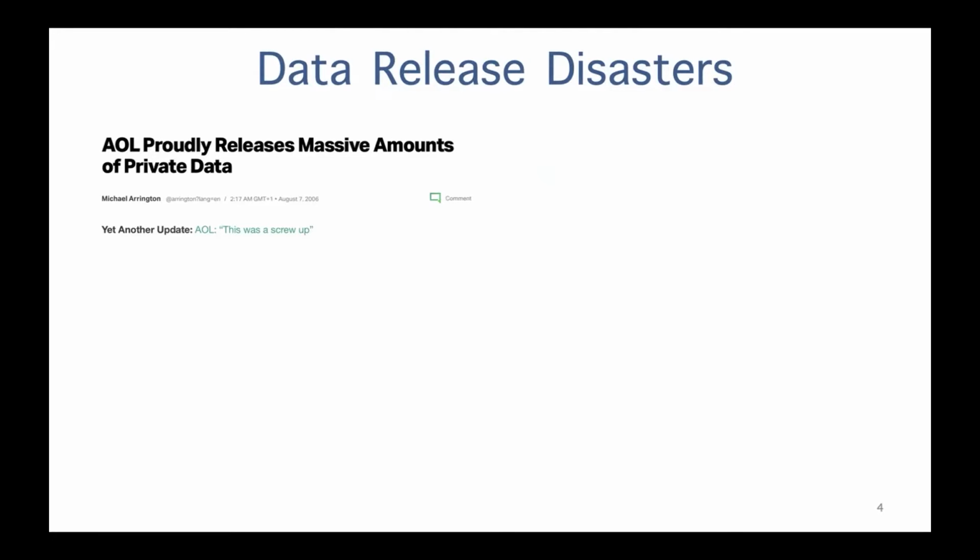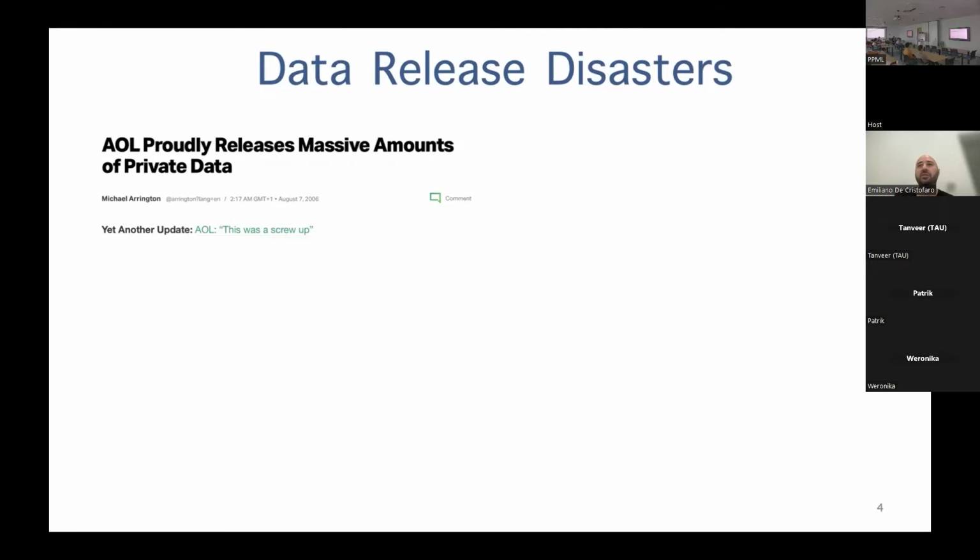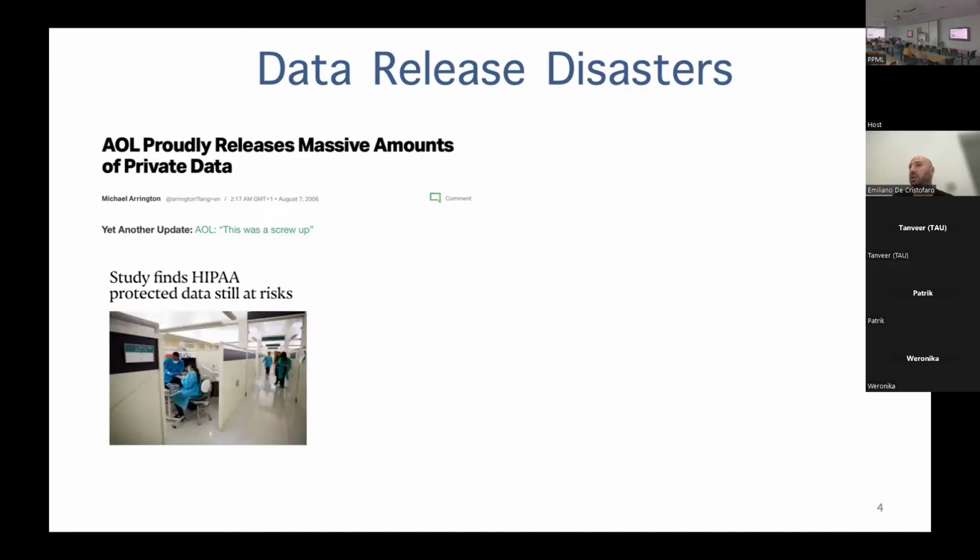spectacularly. Just to cite a few examples, probably one of the most famous ones was AOL, which used to be a really important US provider, which released search queries that users had done. They tried to anonymize the data set, but that didn't really work.